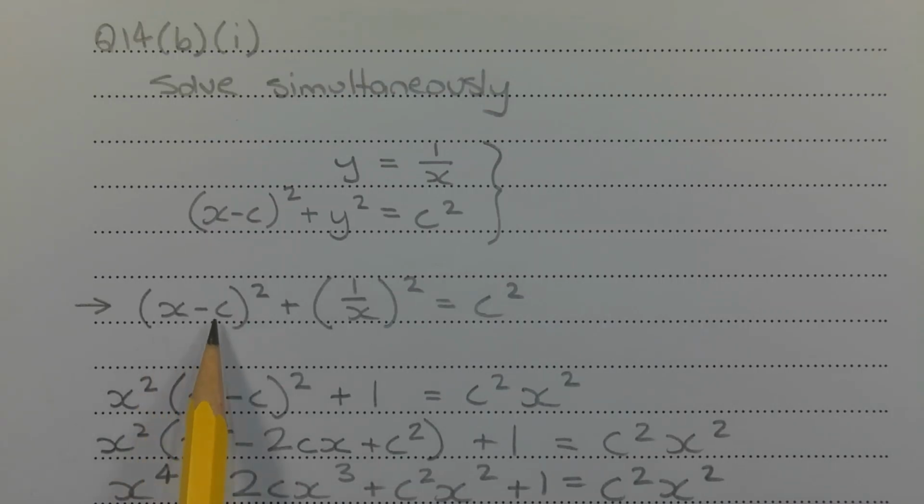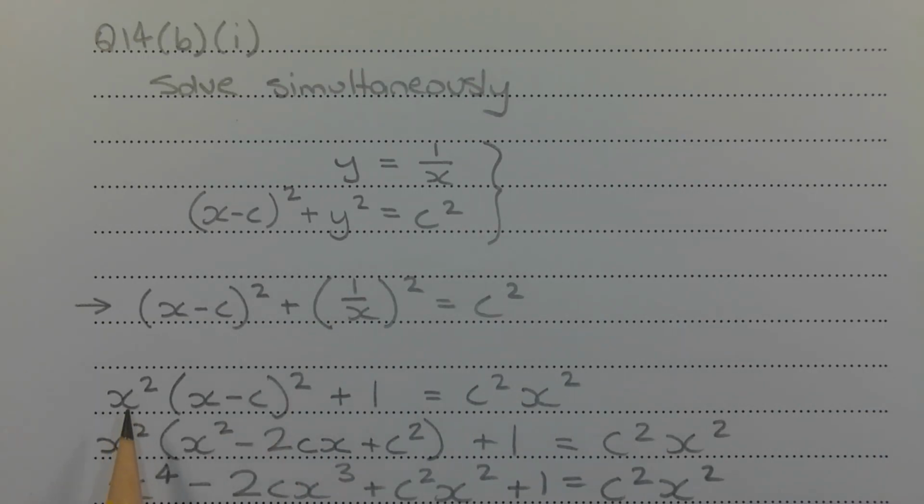So we get (x minus c) squared plus (1 over x) squared is equal to c squared. Now (1 over x) squared is equal to 1 over x squared. And so we could multiply all three terms by the square of the denominator, which is x squared, and that'll eliminate this fraction here.